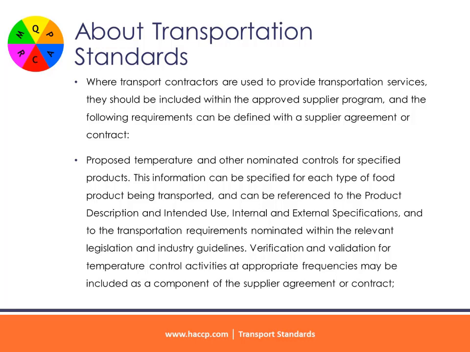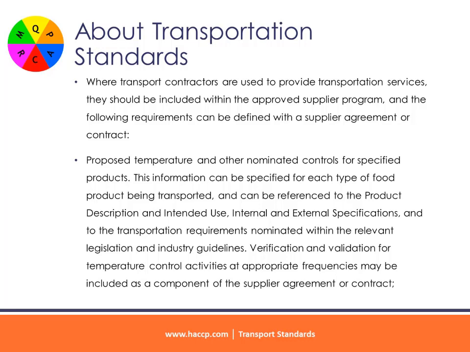This information can be specified for each type of food product being transported, and can be referenced to the product description and intended use, internal and external specifications, and to the transportation requirements nominated within the relevant legislation and industry guidelines.